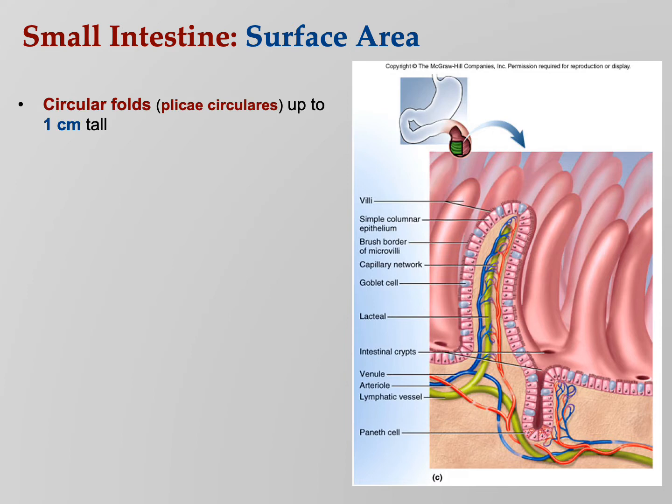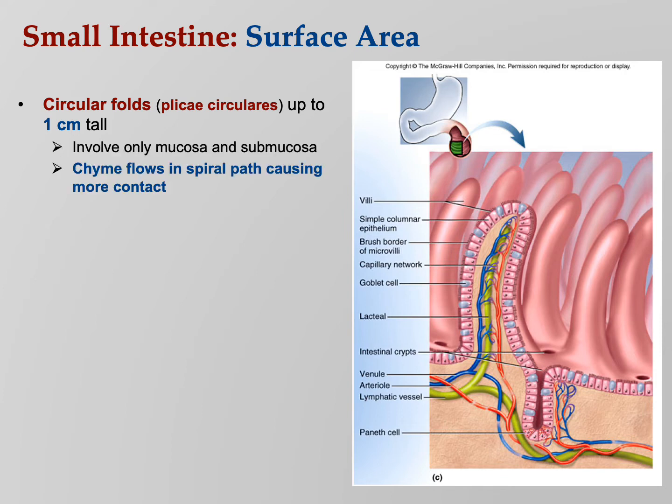So the surface area, these circular folds, the ridges that this diagram doesn't really show, there in the lab PowerPoint, there was a good one. It showed how the small intestine looks like it's got bunches of ridges, and covering those ridges are the villi, right? So the circular folds, the plicae circularis, are a centimeter tall.